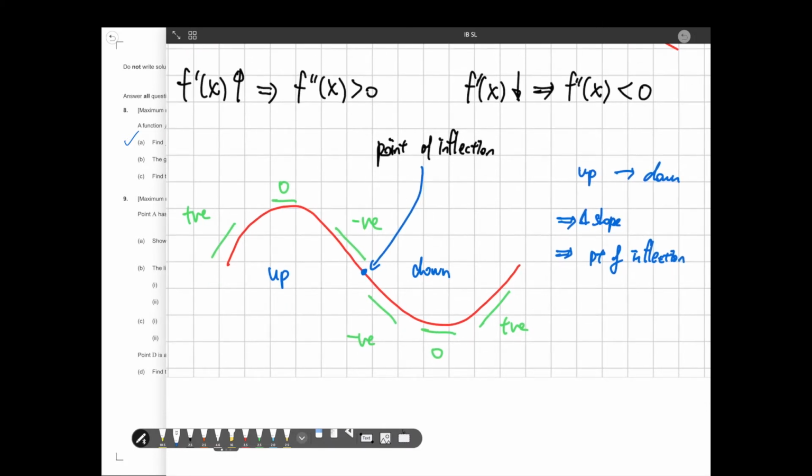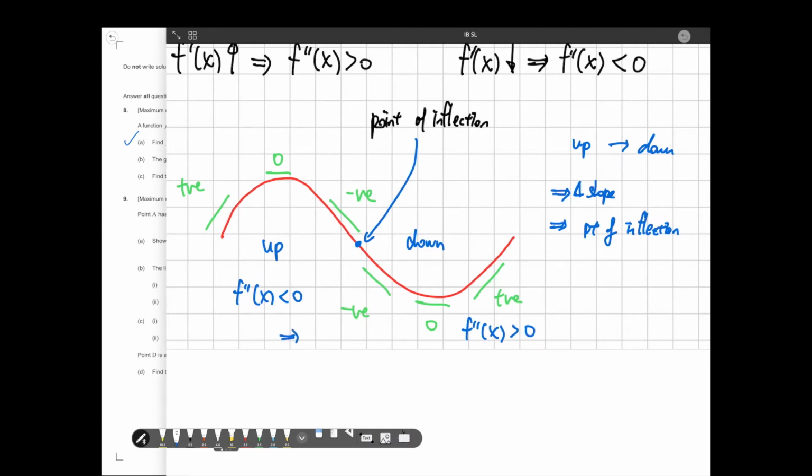Because here f double prime x is negative, and then here f double prime x is positive. So we move from concave down to concave up, from a negative slope of slope to a positive slope of slope. So it is to experience the slope to be 0.